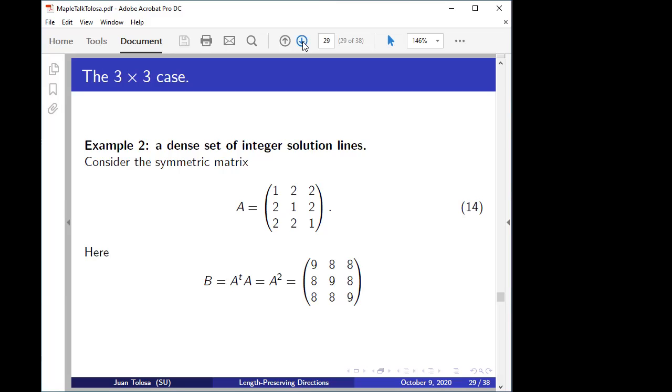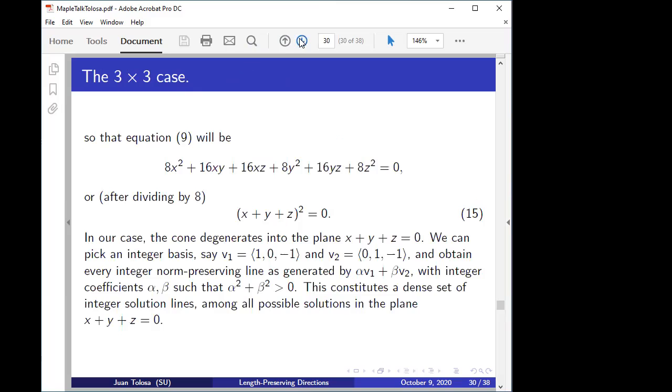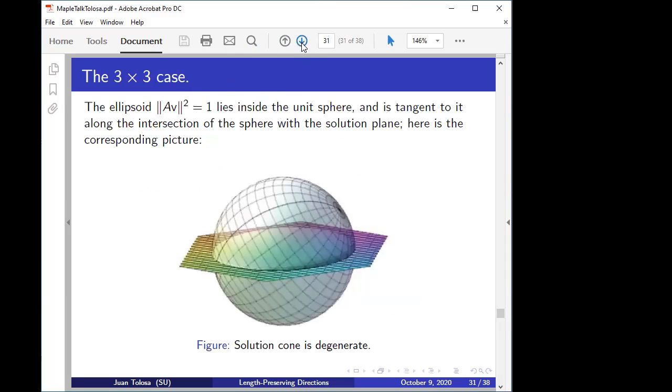So this is again a symmetric matrix. We again compute B, and it turns out that in this case, the corresponding cone is degenerate. It's a plane. So the corresponding picture is this one. The plane intersects the ellipsoid, which in this case is tangent to the unit sphere. And the entire plane consists of solutions.